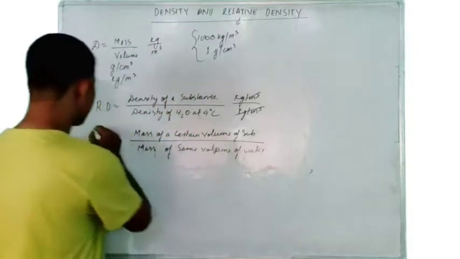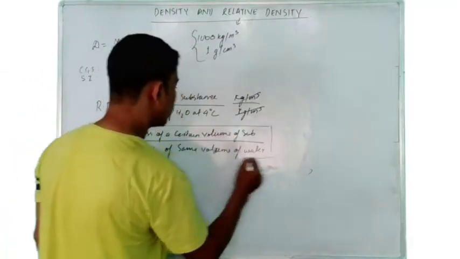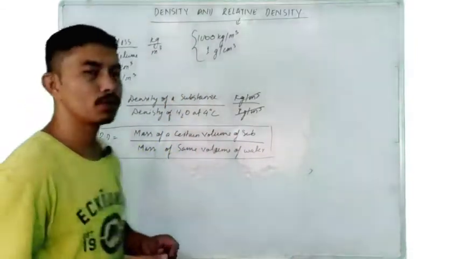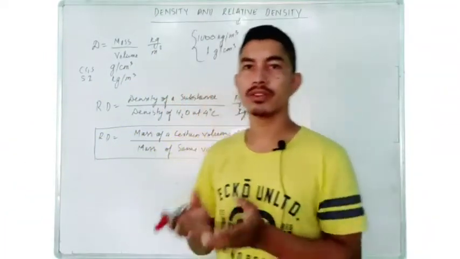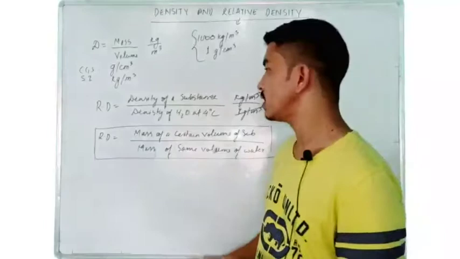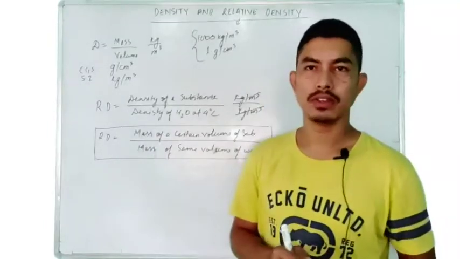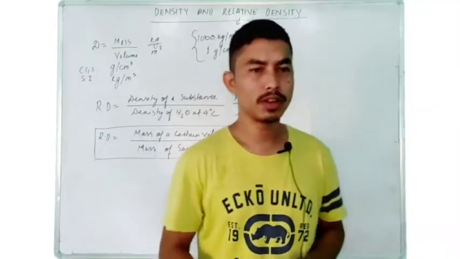Okay, so this formula you can use as well. So what will you do, you will take a certain volume of a given substance and then you will also take the same volume of water and then find its mass and you can find the ratio. So that will also give the relative density.